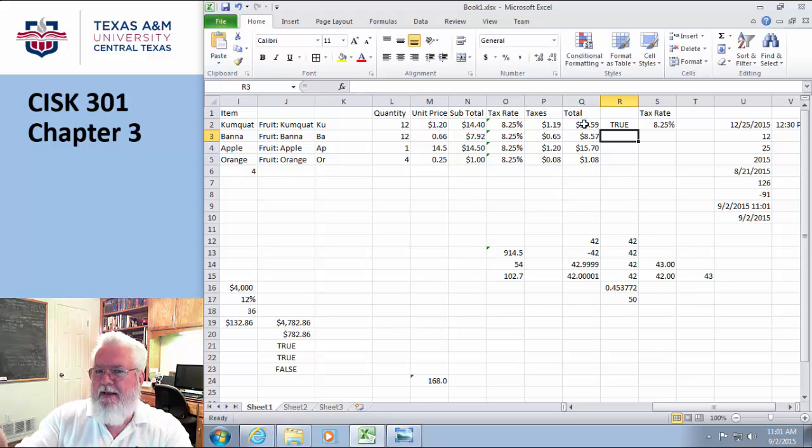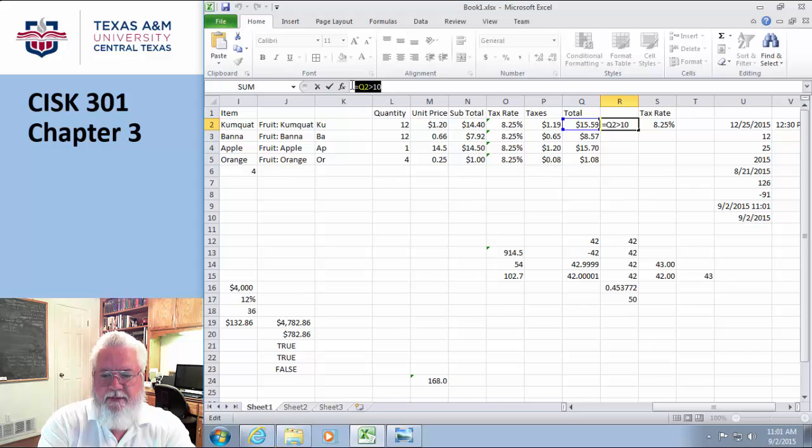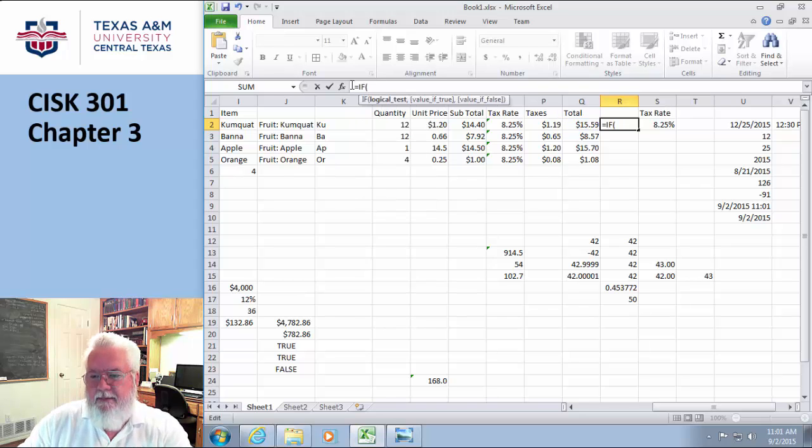That's not what I want. I want to have a discount rate. So I'm going to embed that inside an IF statement. So I'm going to start with IF, open parentheses, and then put in that greater than 10. So if that's greater than 10, the discount rate is going to be, I don't know, 2%.